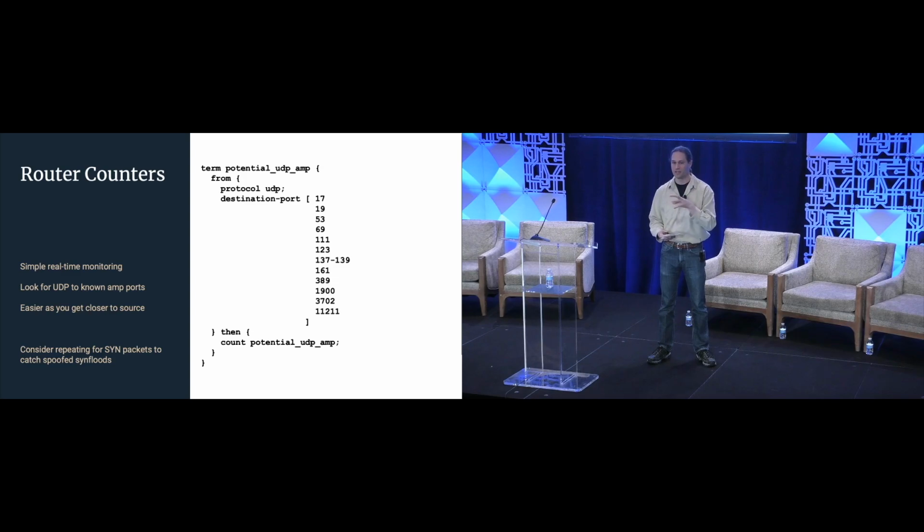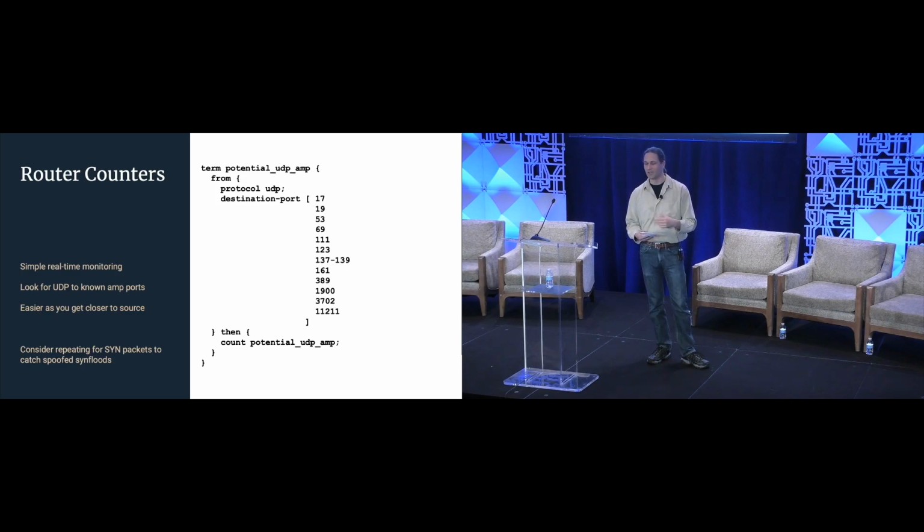So ports that are commonly used by attackers for launching amplification attacks. If you put this on your routers, then you get like a per link count of where this traffic is coming from. And that'll give you a great insight into if any of your peers are likely the source of these types of attacks, right?